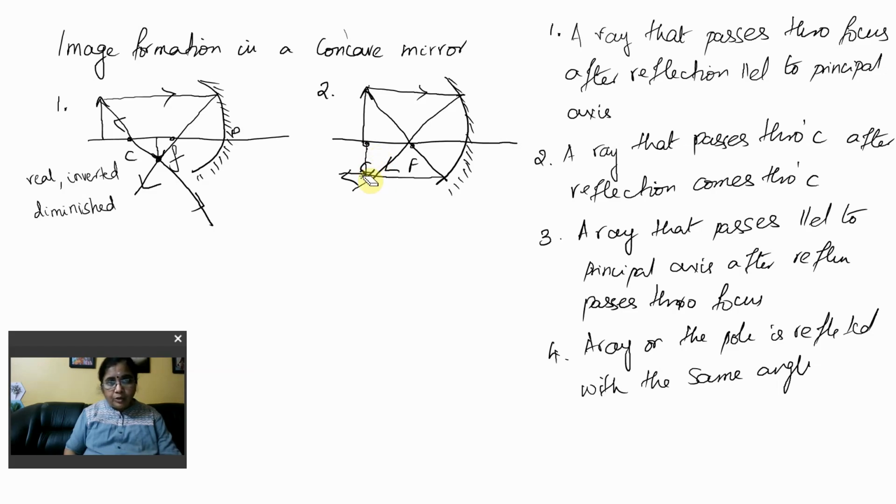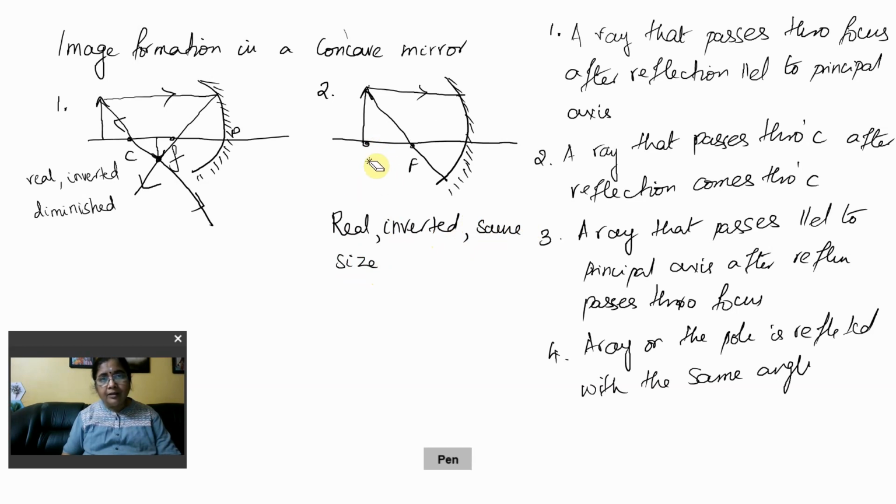So you can use a jugaad: draw this and then draw the image in such a way that your image is real, inverted, and actually the same size. When you draw, you may make some mistakes.